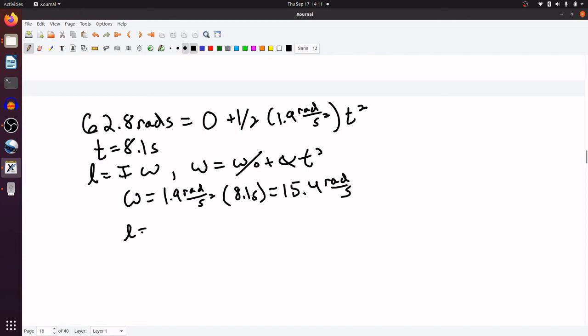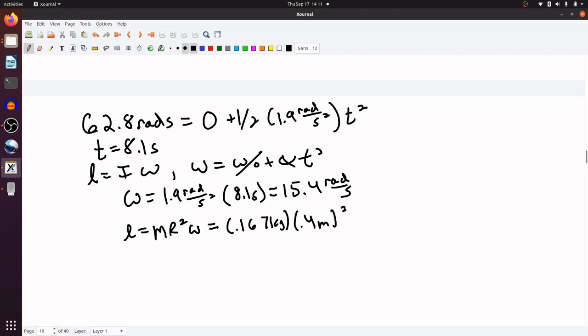So to figure out its angular momentum at that point, I take its mass, 0.1, sorry, let me write this out one more step. Remember, that's mr squared for the rotational inertia, and then omega, so that's going to be 0.167 kilograms. My radius was 0.4.